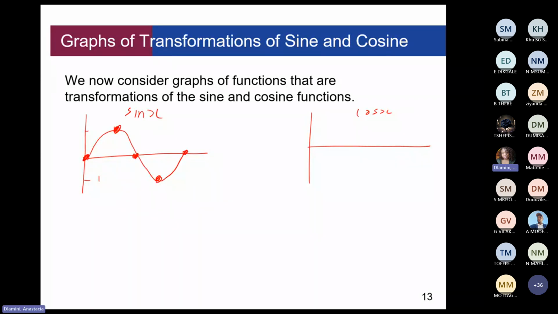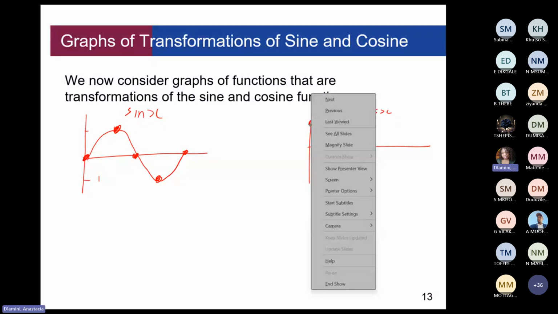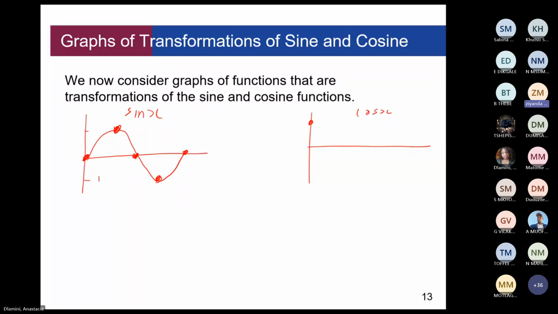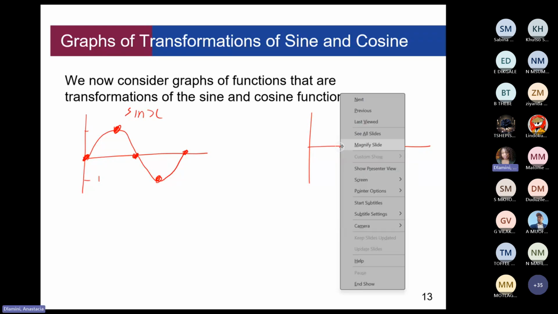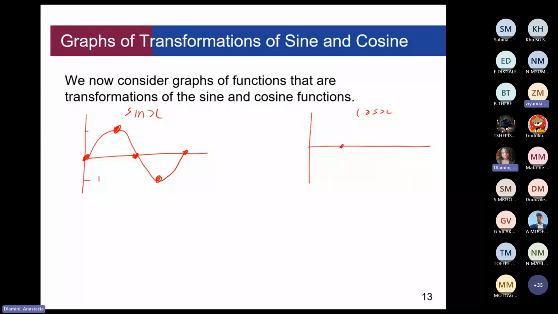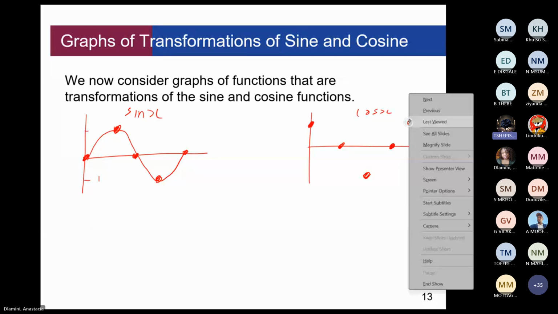That's a good choir. For cos, where do we start? 1. Then 0, then -1, then 0, then 1.